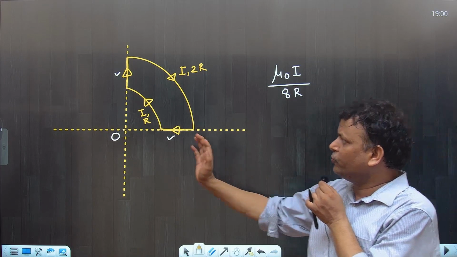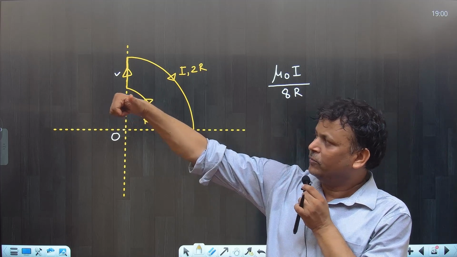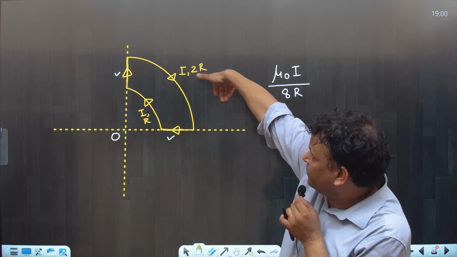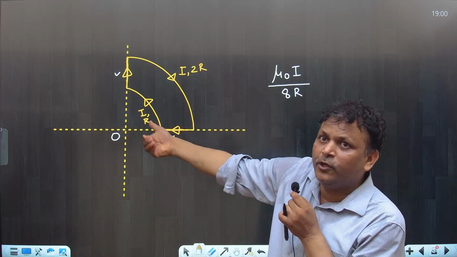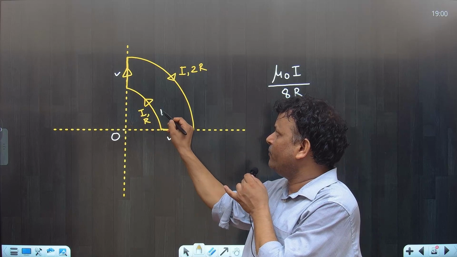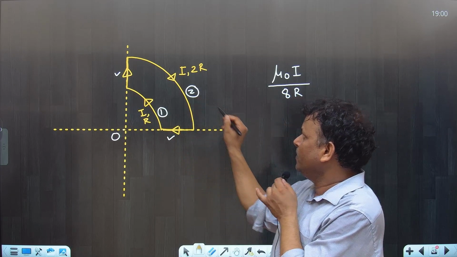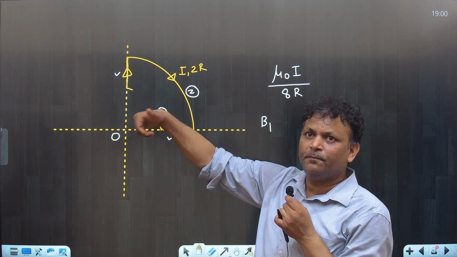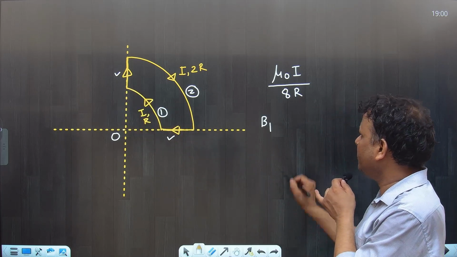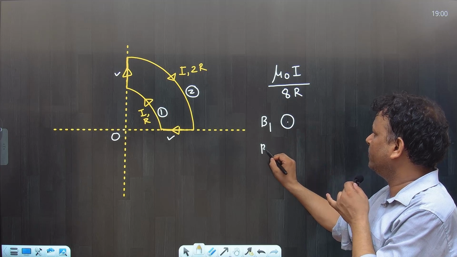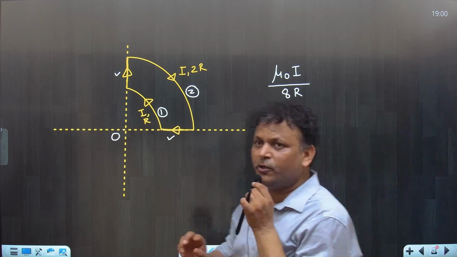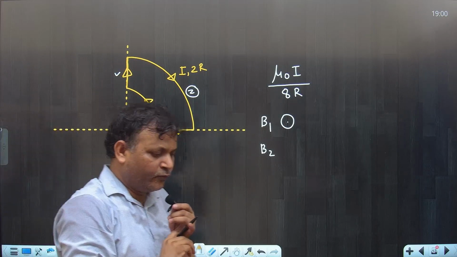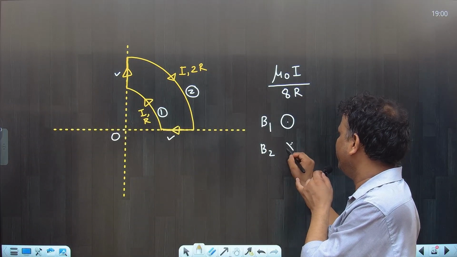Now the magnetic field due to this part is coming out of the paper, and due to this part is going into the paper. If this is 1 and this is 2, B1 is out of the paper, and B2 is into the paper.